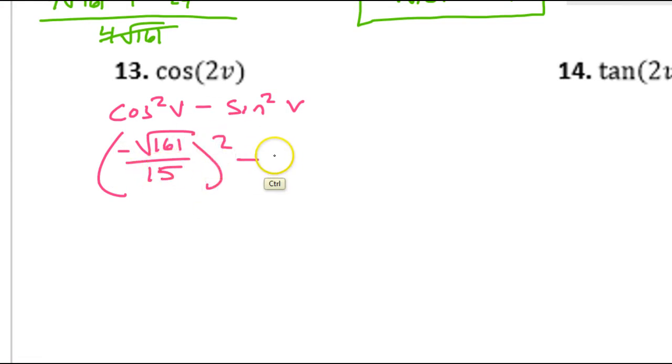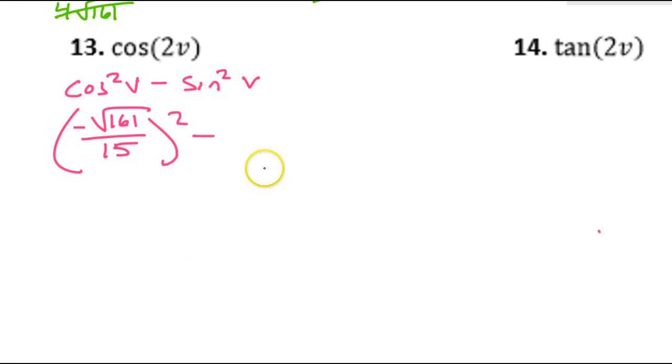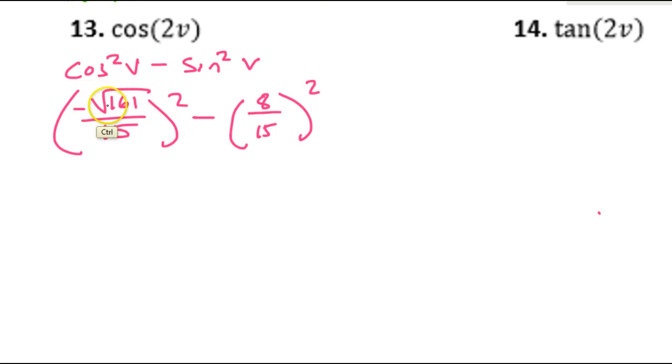So that's going to be squared. And then sine v was 8 over 15, and that's also going to be squared, of course. When you square a radical, the radical just goes away. When you square a negative, it becomes positive.